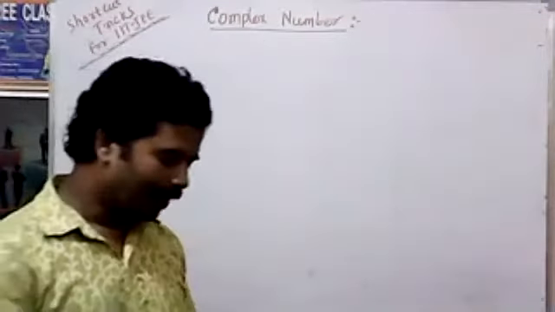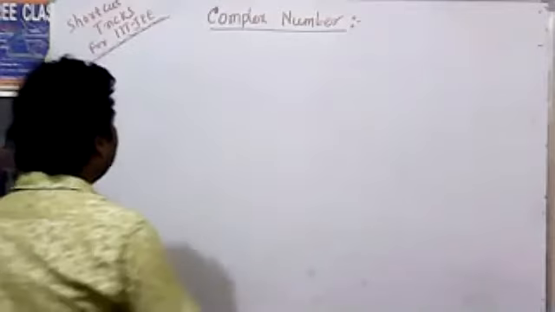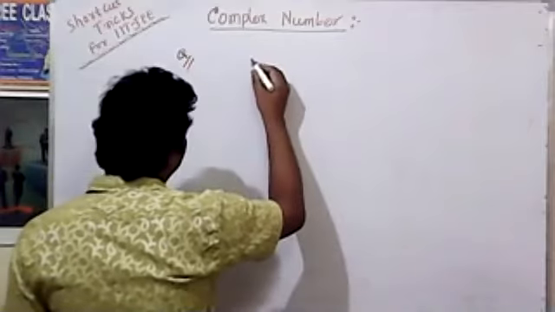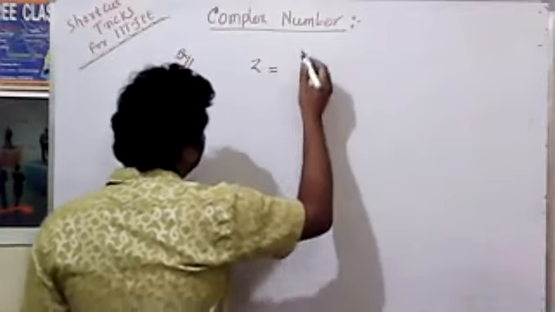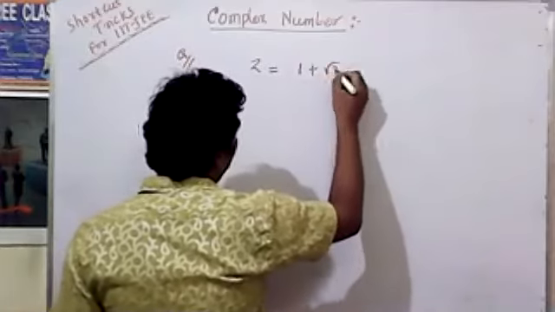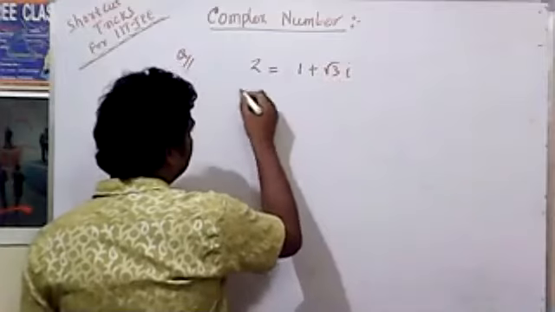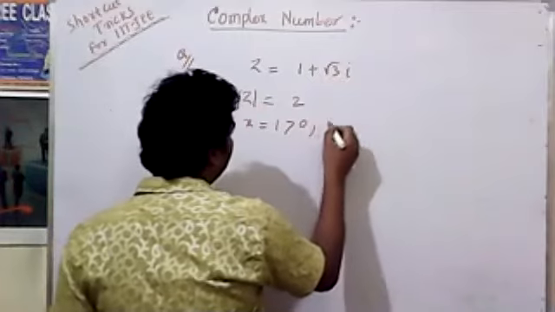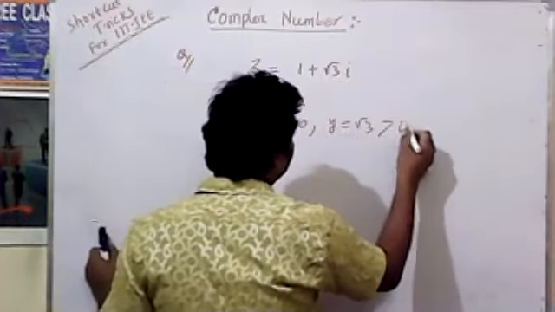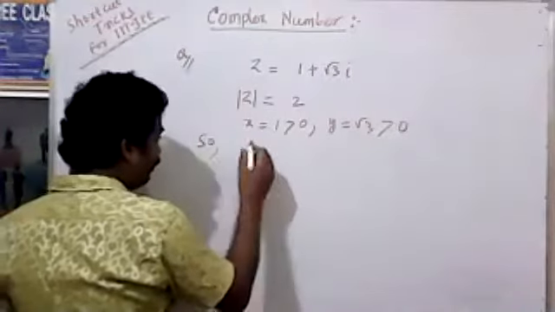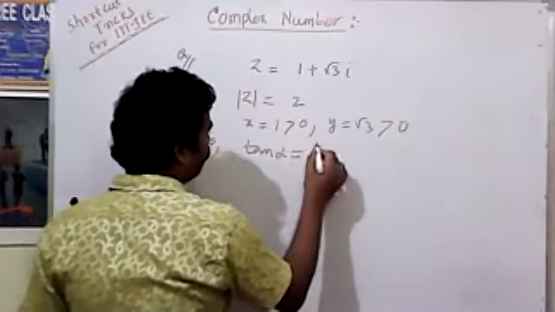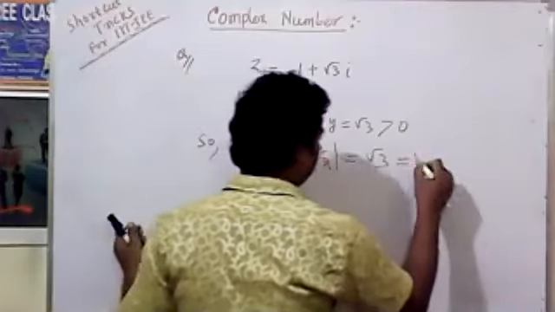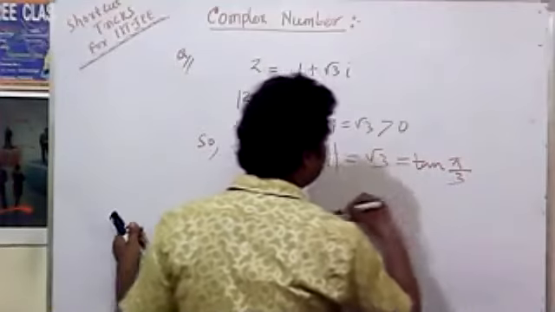Okay, suppose one question is given: z is equal to 1 plus root 3 i. The modulus of z is equal to 2. Here x is equal to 1, which is greater than 0, and y is equal to root 3, which is also greater than 0. So tan alpha is equal to the modulus of y by x, that is root 3, which is tan 60 degrees.